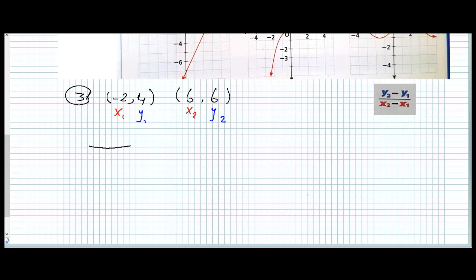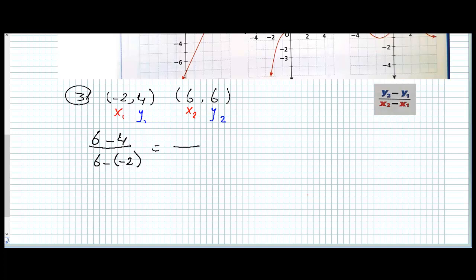Let's put our rule. y2 is 6 minus y1 is 4 over x2 is 6 minus negative 2. Okay, I put -2 in brackets because this -2 is different from the sign outside. The sign outside is minus, so I have to put the -2 inside brackets.